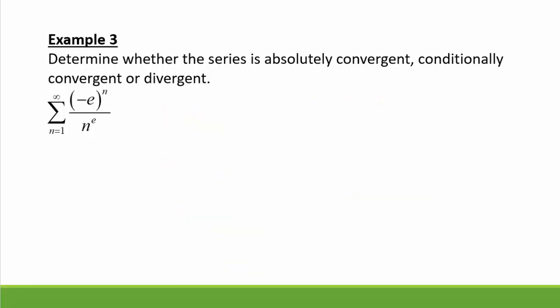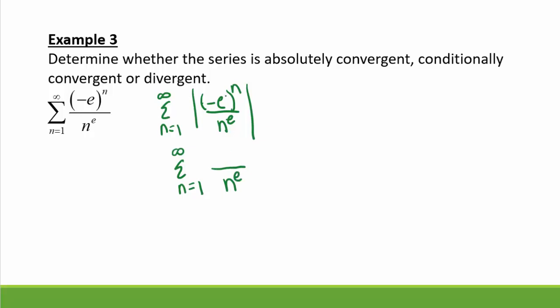Okay, next one. Determine whether this series is absolutely convergent, conditionally convergent, or divergent. So again, let's look at the absolute value first. Okay, so when I'm looking at the absolute value, I really have n to the e on the top there, and I really have -1 to the n and then e to the n.